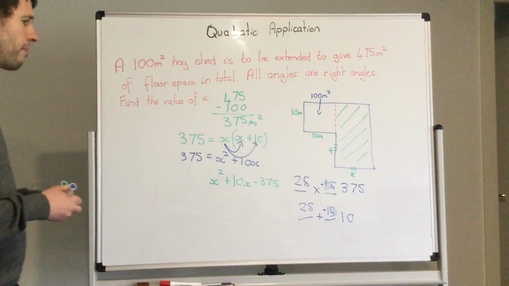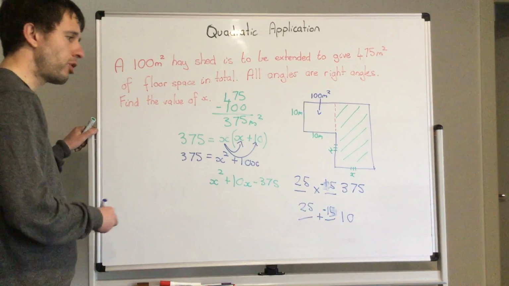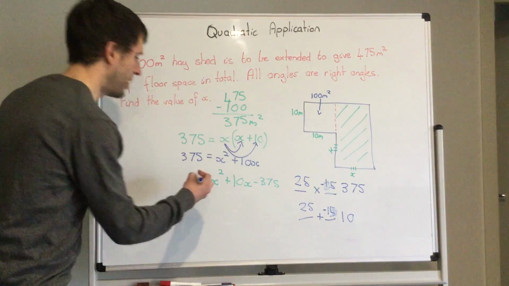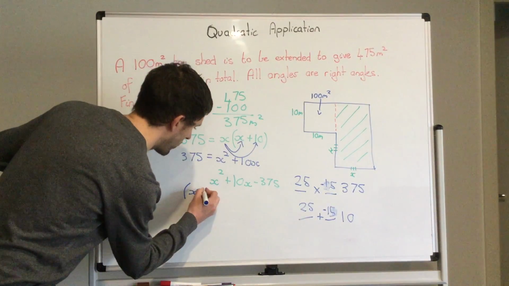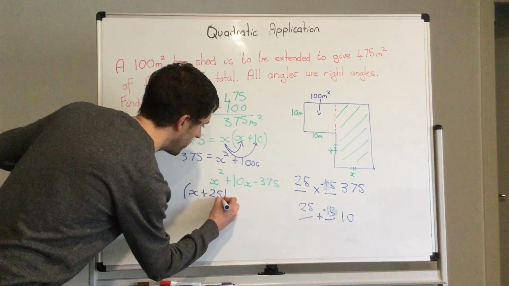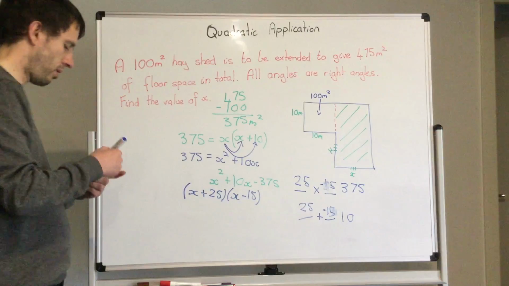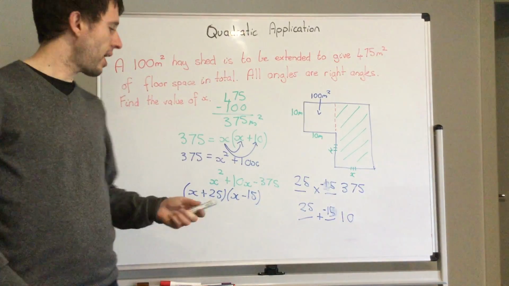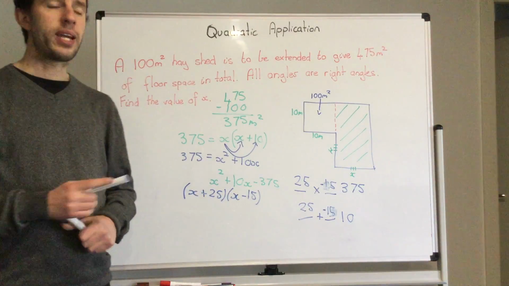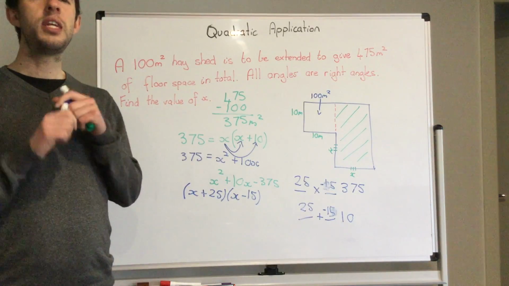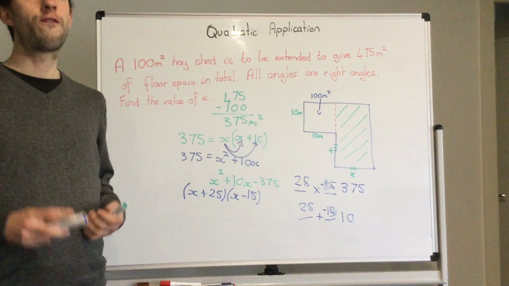So I'm going to rewrite my equation in factorized form. X plus 25 in brackets x minus 15. Now that I've got my two brackets, x plus 25 and x take 15, the next thing I need to do is solve for x.